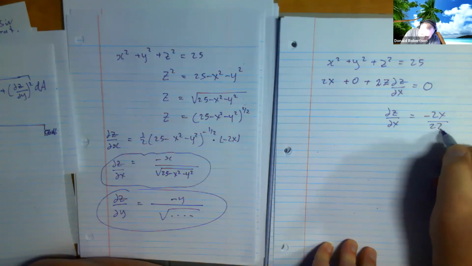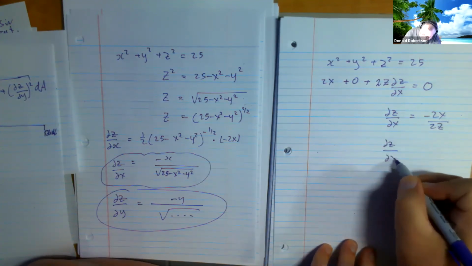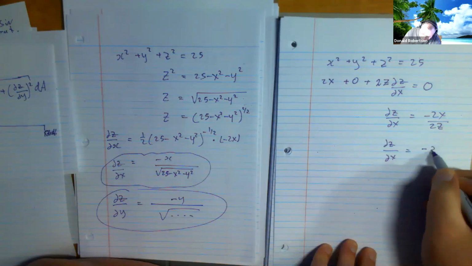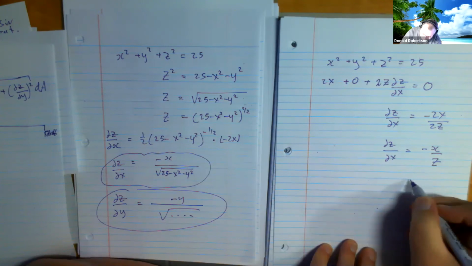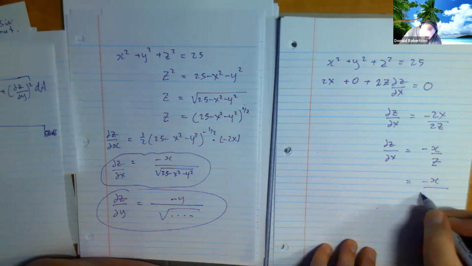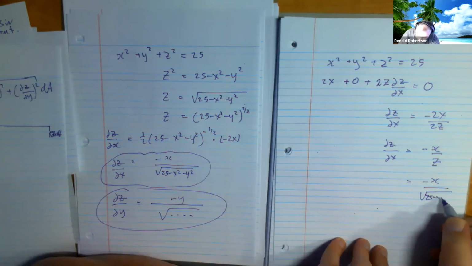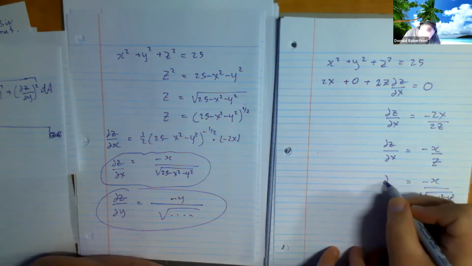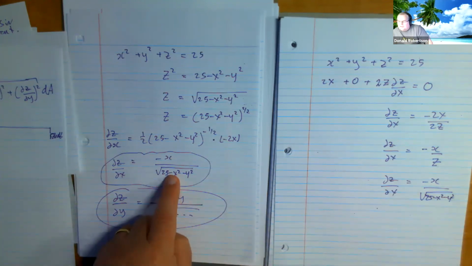Now, if you rearrange this fella, can you imagine that you'd get that? If you simplify this fella, can you see that you get that? And isn't z the square root of 25 take away x squared take away y squared? In other words, the answer.